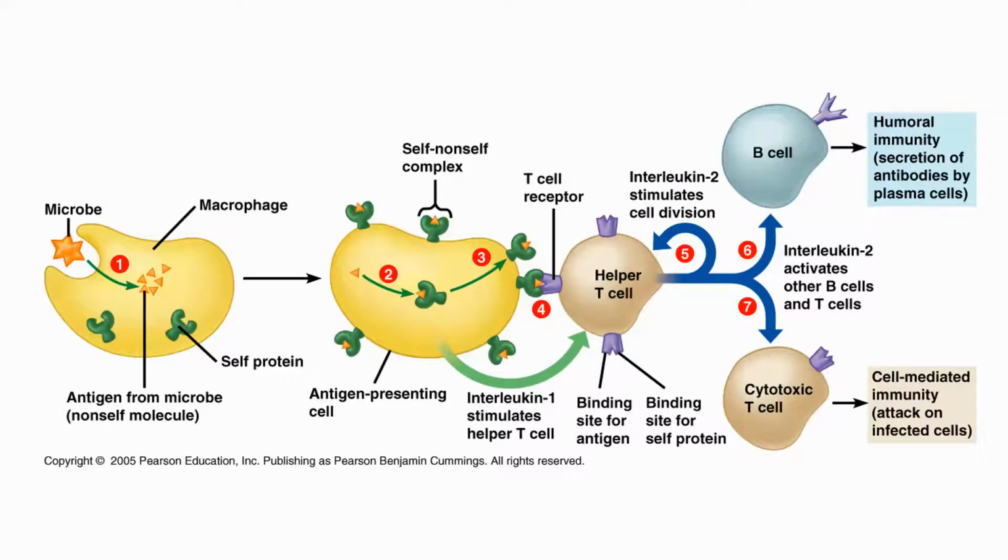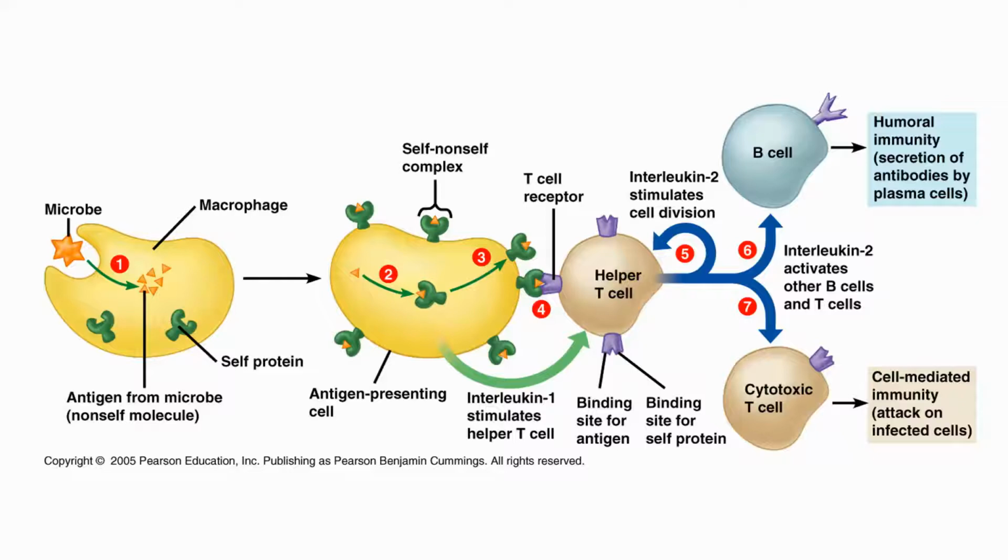So here's what happens, the sequence of events. Macrophage takes in something dangerous, breaks it apart, and wears parts of the invader like a gruesome trophy to help activate other cells. That is going to activate helper T cells. It's going to activate a specific helper T cell, the one that has a receptor that will bind to that. So there are other helper T cells that may not be activated by it.